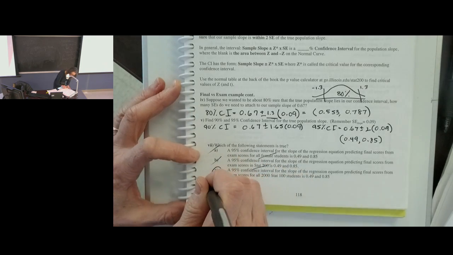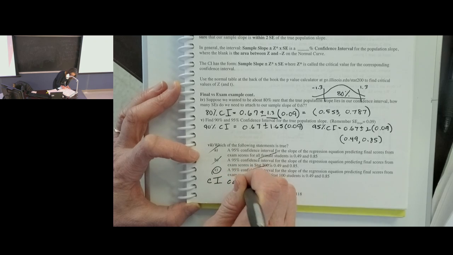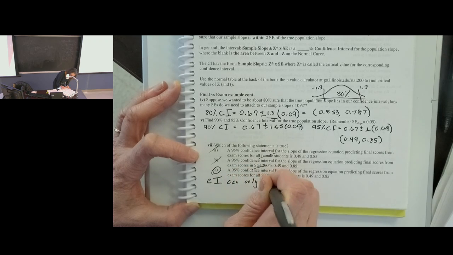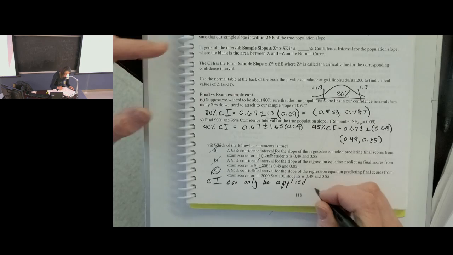So let's just write that down. We've looked at that before: the confidence interval can only be applied to the population the sample was randomly drawn from.